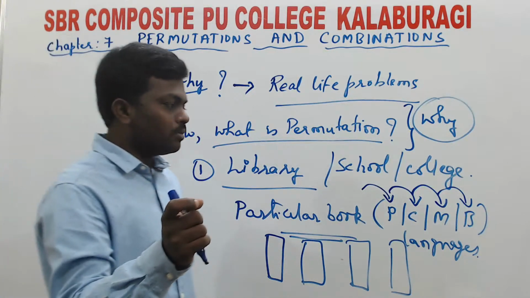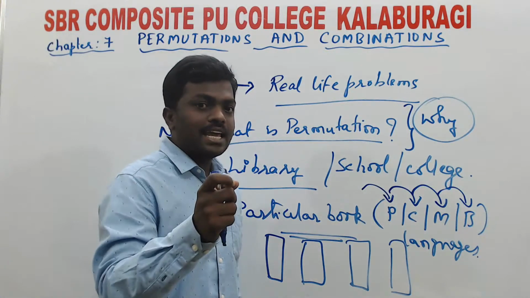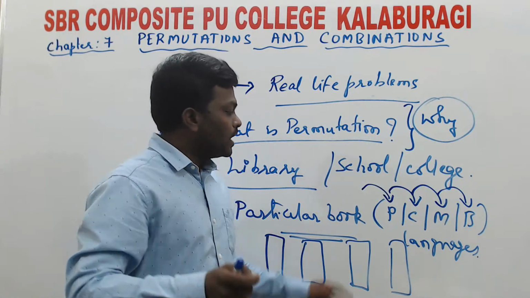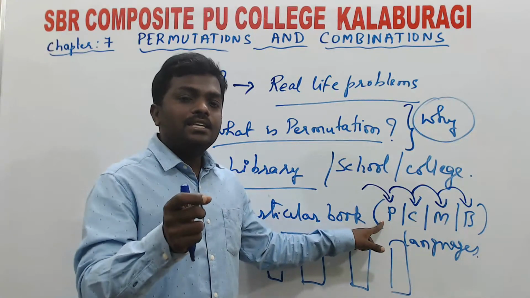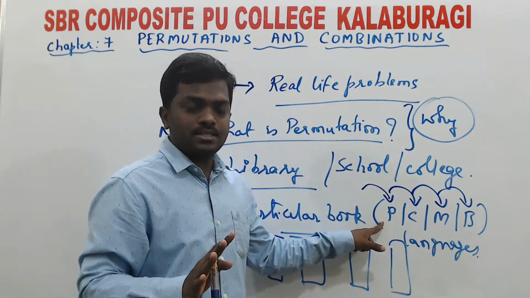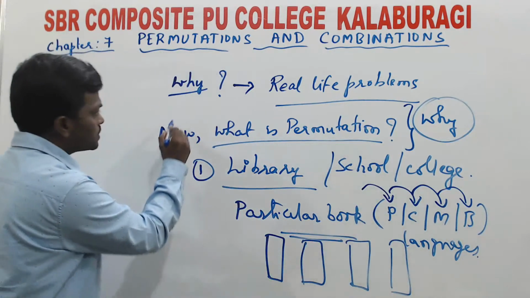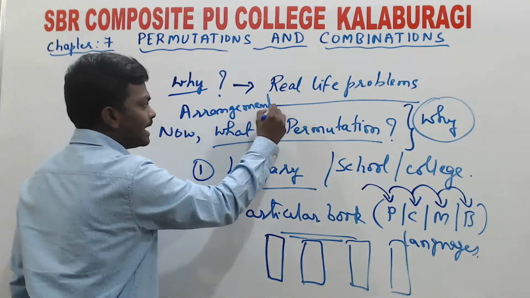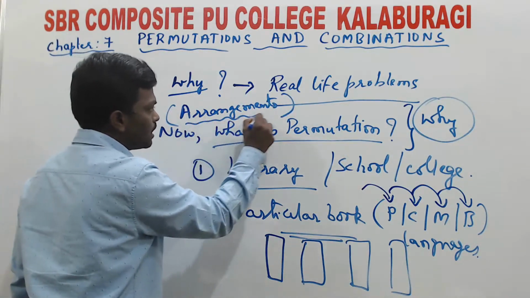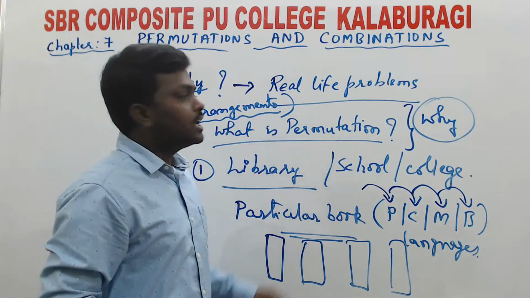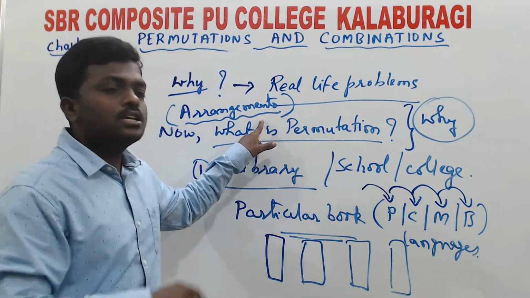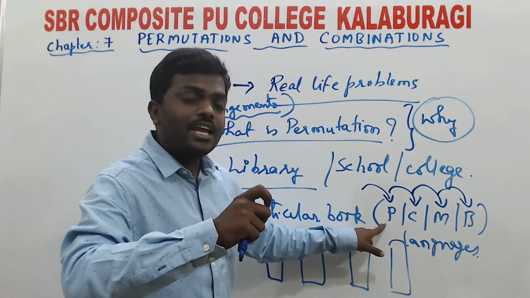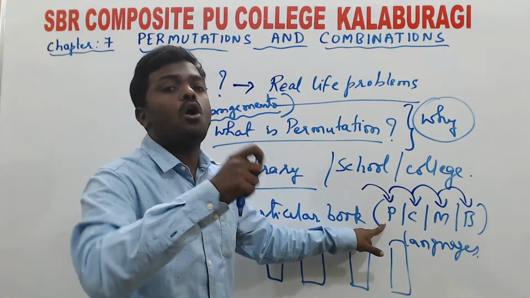You might have heard me saying arrange, right, students? So what does he do? He arranges books according to the subjects. I am introducing a word. It's not a new thing, but it's the most required word in this topic. You can even see physics books are arranged in one cupboard in some order.